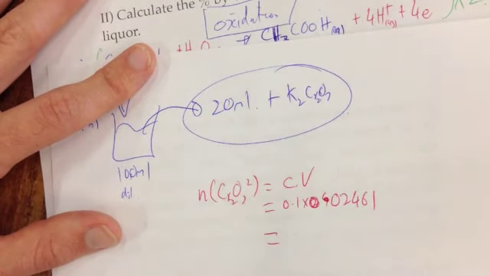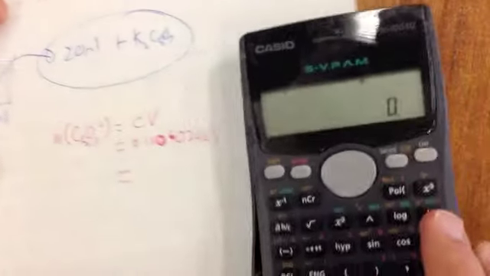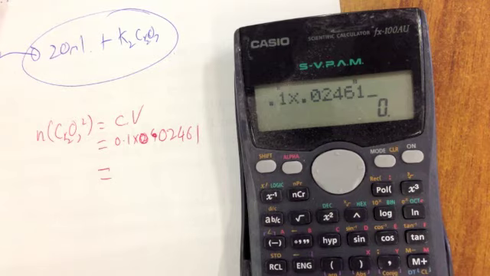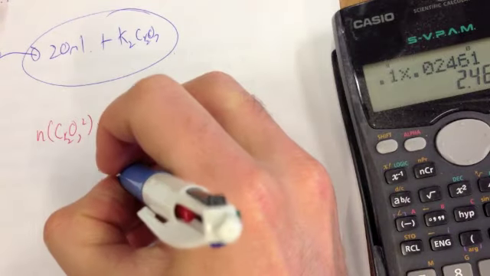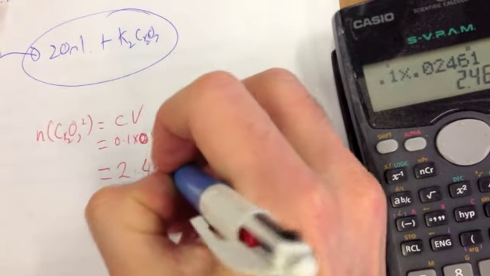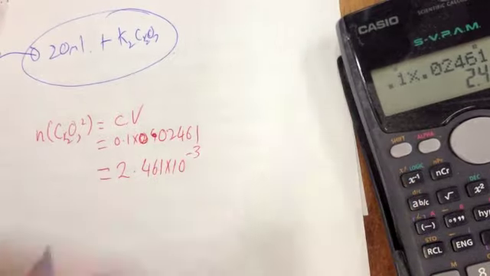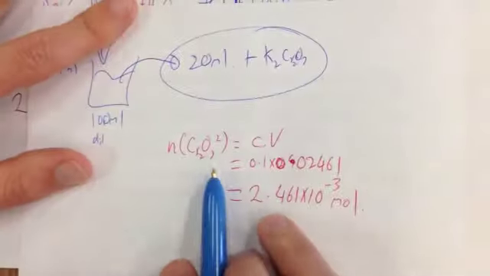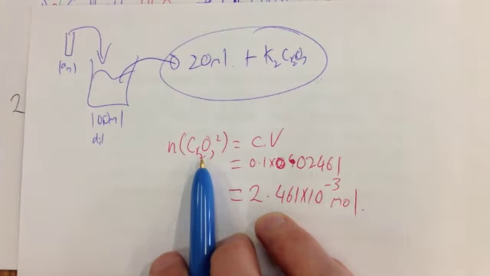Equals, calculator handy, 2.461 times 10 to the power of negative 3 is our moles of potassium dichromate.